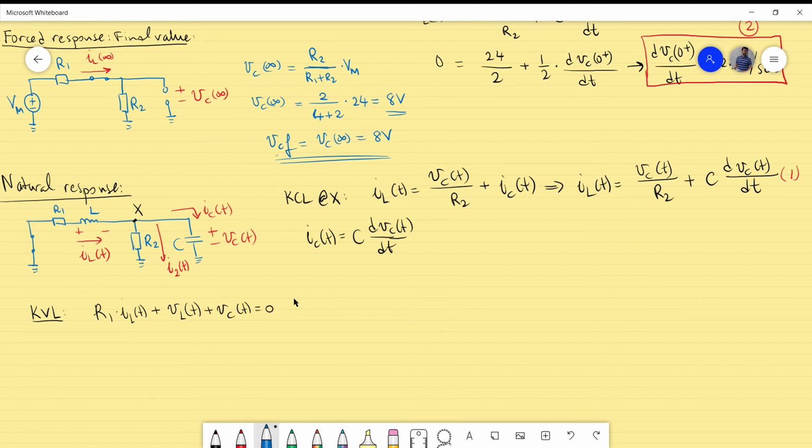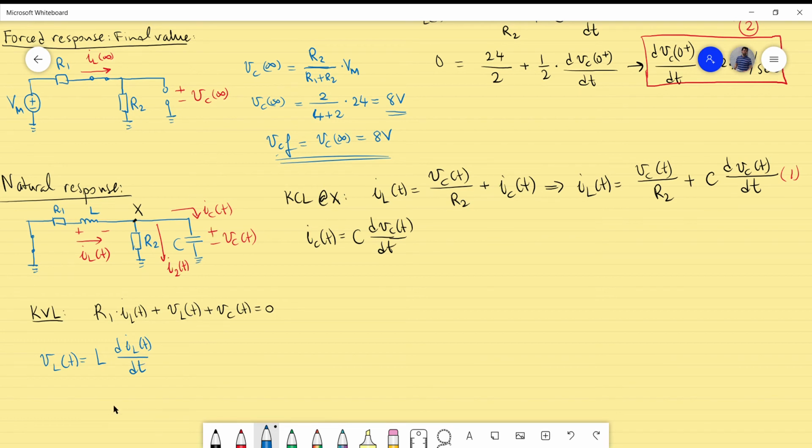Now I have another formula which is handy to use here, which is the inductor voltage is equal to the inductance L times the derivative of the inductor current. So I will substitute this expression in here, such that we have a second order differential equation.